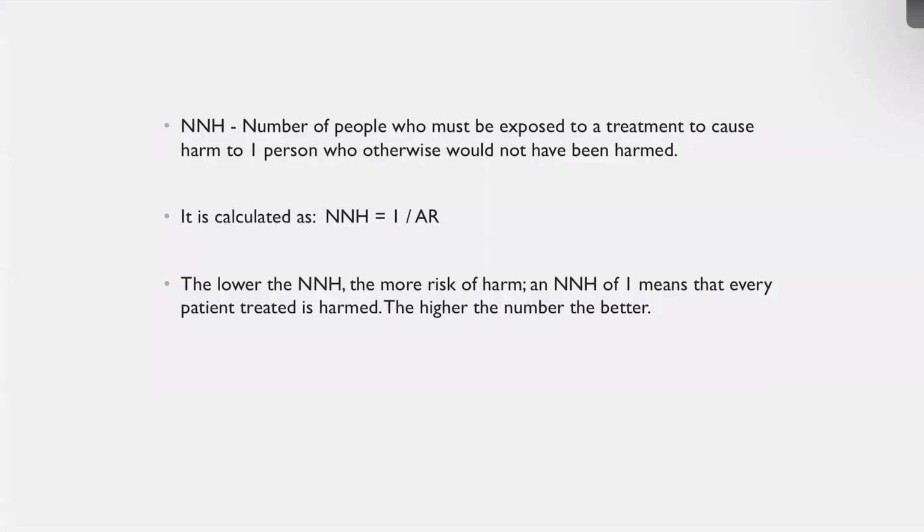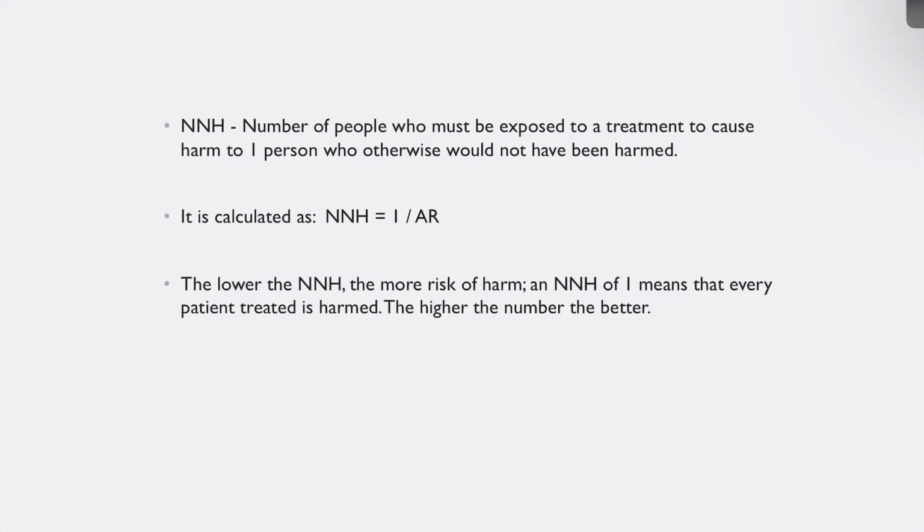So we always do a risk-benefit analysis. Here this number should be very high. Why? Suppose you're treating 100 patients and that causes harm to only one patient. That is better than treating a single patient and causing harm to him. So it's better if the number is higher.